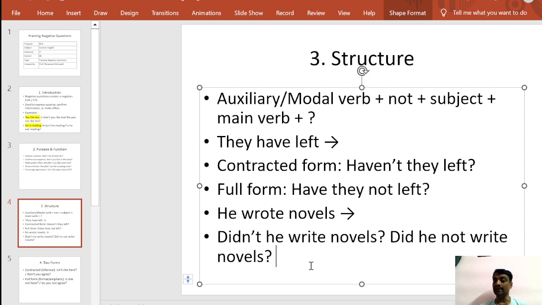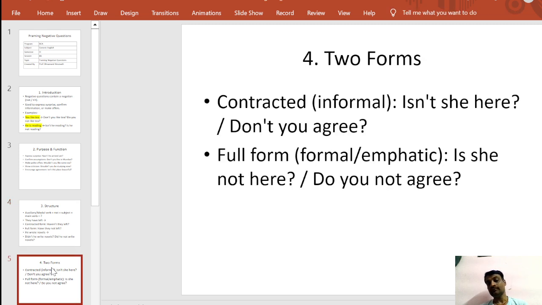That is again a very important skill in making negative questions. Did he not write? "Did not he write" is wrong. "Did he not write novels?" is the correct form of making negative questions.